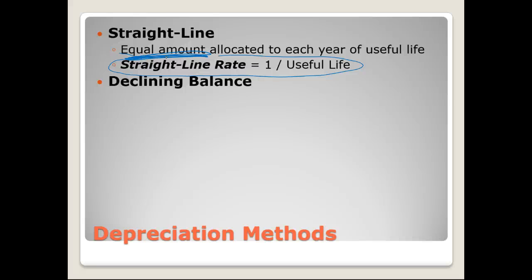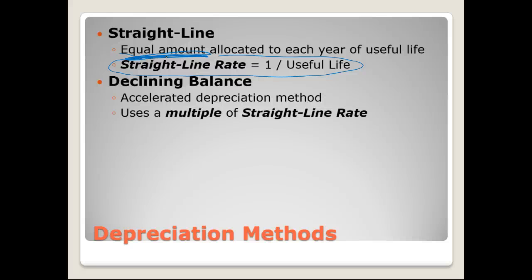Now the declining balance method is an accelerated depreciation method. It causes the asset to decline in value faster in the early years of its life. It uses some sort of multiple of that straight line rate, which is what we determine here. So if we were using the straight line method and we said the asset decreased in value 20% a year, in the declining balance method, if we said, hey, instead of 20% a year, let's double that.